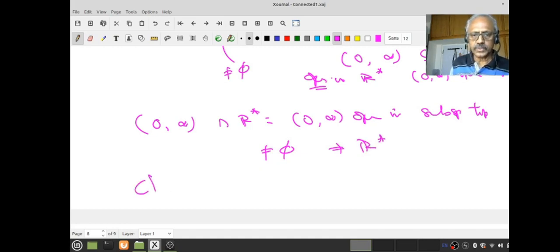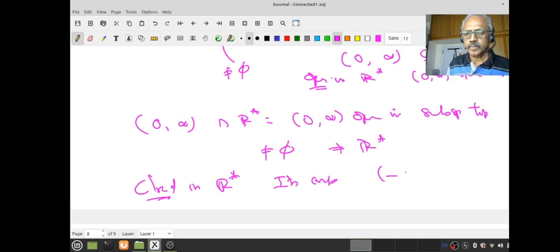Is it closed in R star? Yes, because its complement is minus infinity to 0. The way we argued for 0 to infinity, this is also open in R, and hence its intersection with R star is itself, therefore it's open in R star. Since the complement is open, 0 to infinity is also closed.